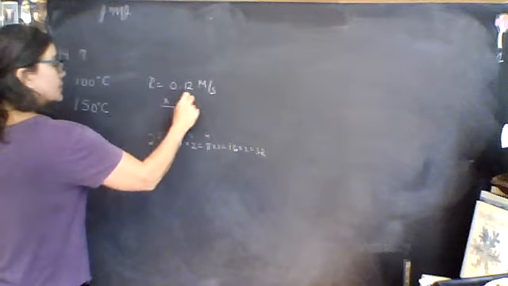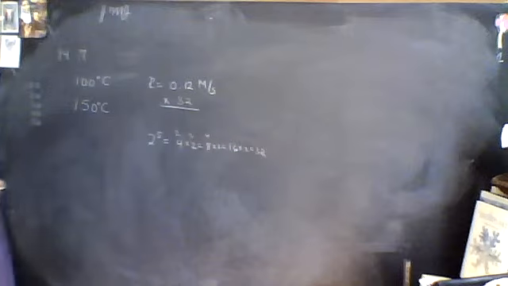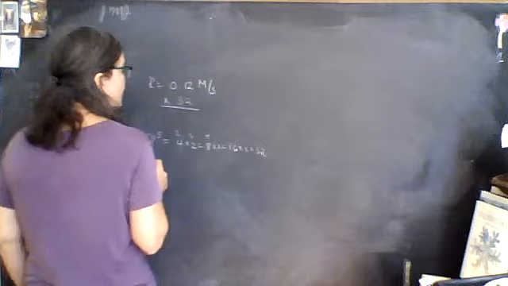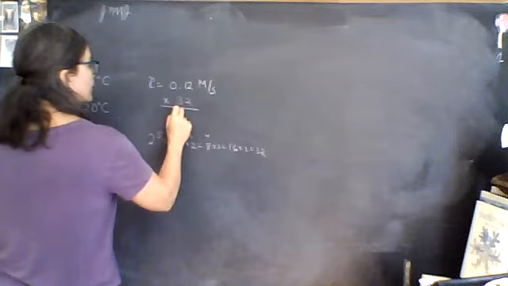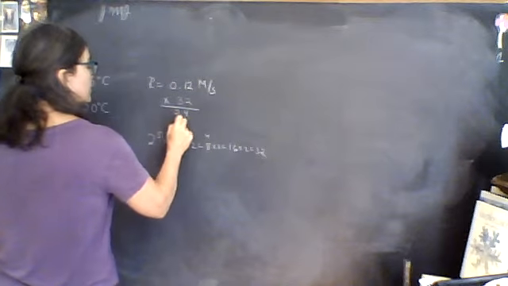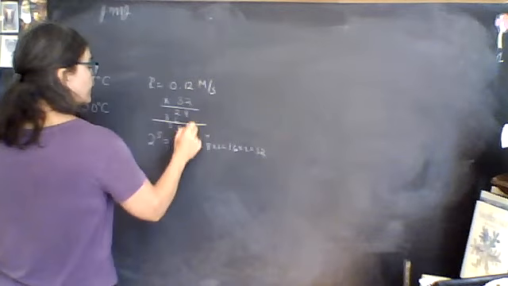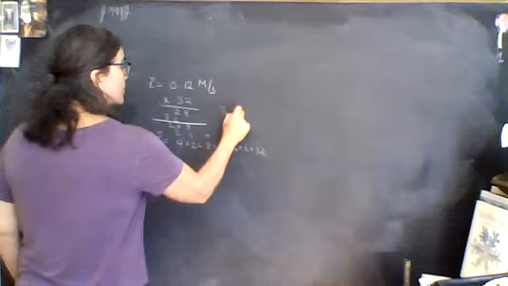Right? It's 32. Okay, so we're going to multiply 0.12 molarity per second times 32, which gives us 3.84 molarity per second.